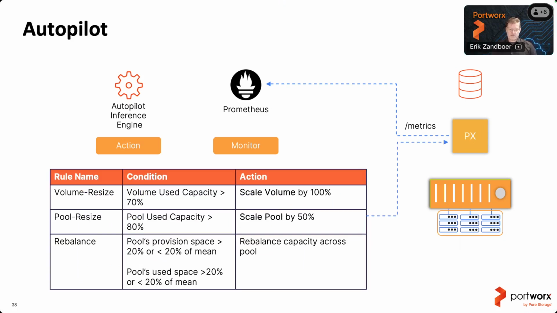So you can resize volumes and you can say, hey, the condition for a PV or PVC or a group of PVCs, whenever the volume used capacity goes over 70%, please scale the volume by 100%. And by the way, you can also specify a maximum. So when a developer says, I would like to have a terabyte volume, you could give him a 250 gig volume and say, hey, make it auto grow using Autopilot, so we won't be consuming all of that storage before we actually need it.